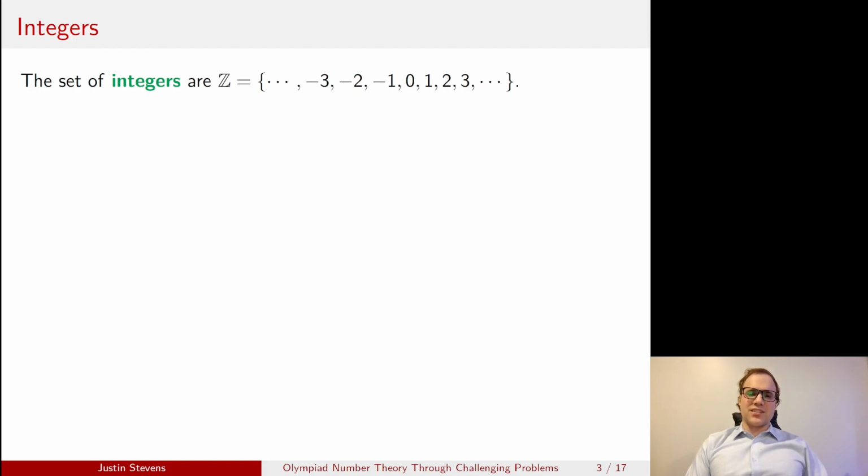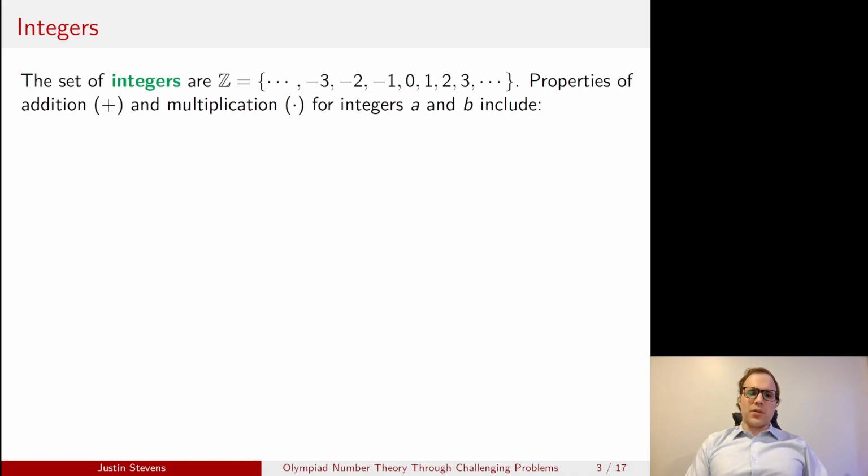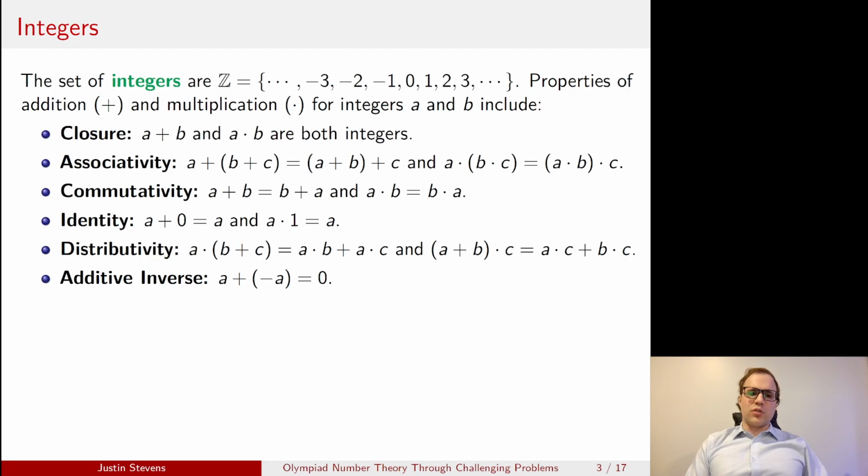throughout this video series. We also have properties of addition and multiplication for integers a and b, which include the closure property, so the sum of two numbers and the product of two numbers are always both integers. The associative property, which is seen by the two equations you have on your screen. The commutative property, which means that if you add two numbers, the order is irrelevant, and if you multiply them, the order is also irrelevant.